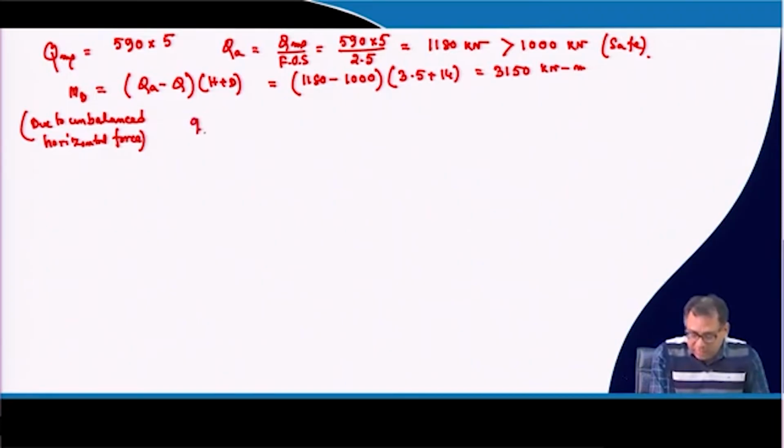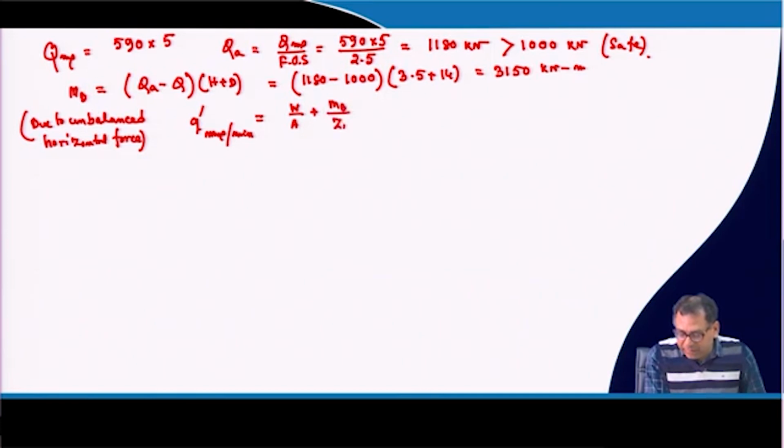So, the Q dash max, mean, is equal to W over A plus M B over Z B. Now, how can we calculate the Z B?